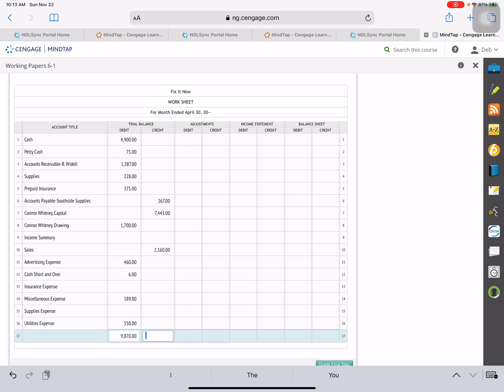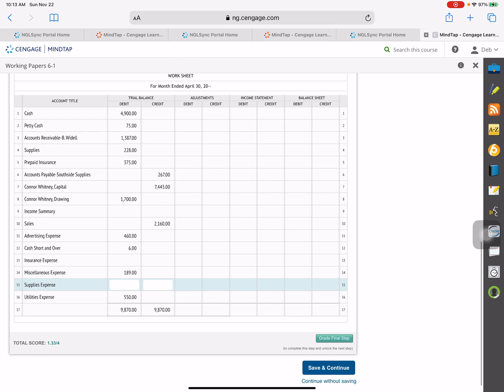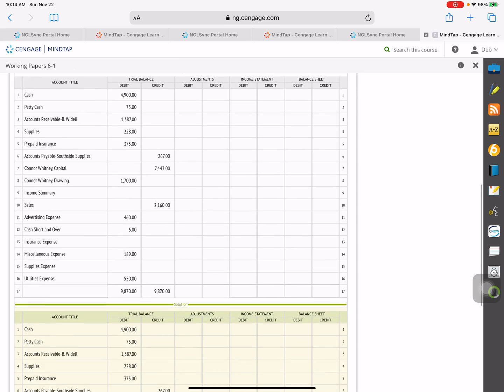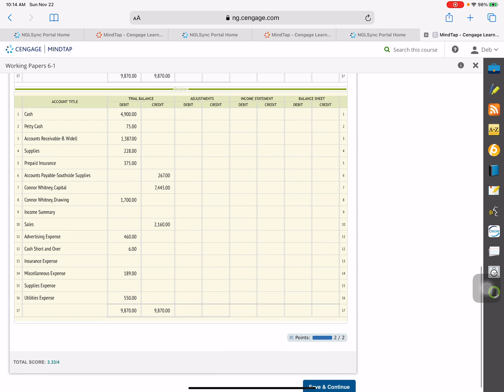If I add up the numbers in my credit, I would come up with $9,870. If you were doing this with paper and pencil, again, you would draw a single line here and a double line there. And that is it for working paper 6-1.